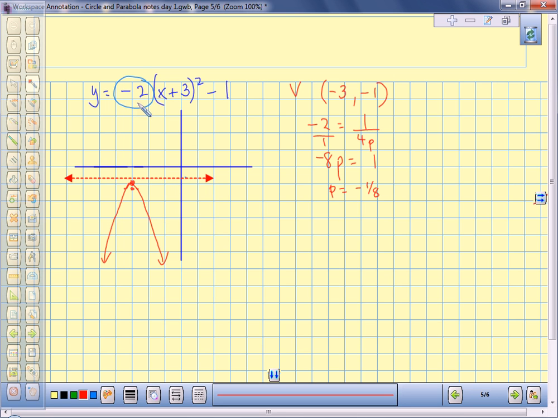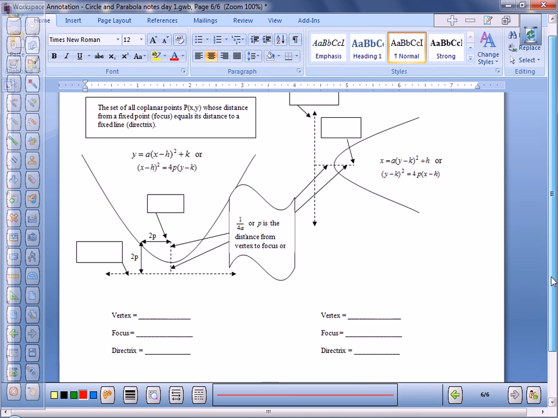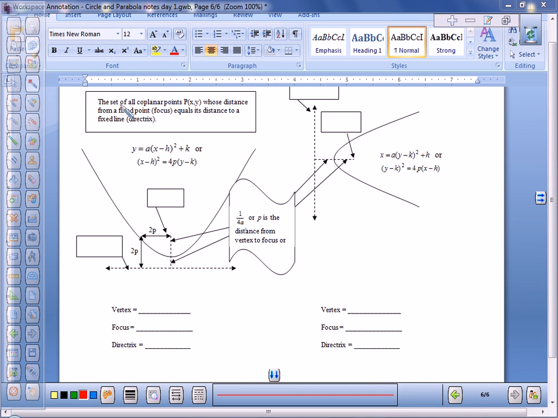Alright, let's go back to our graphic organizer here. Now, this was our definition: the set of coplanar points whose distance from a fixed point is equal to the distance from a fixed line. Ours said the same thing, just using different words. The vertex is going to be (h, k).